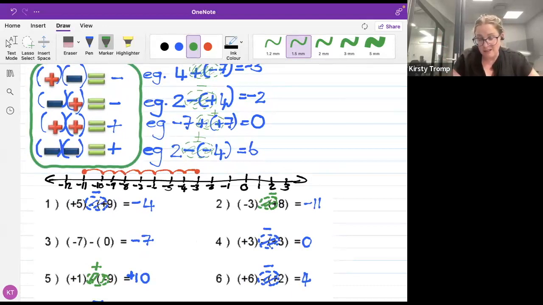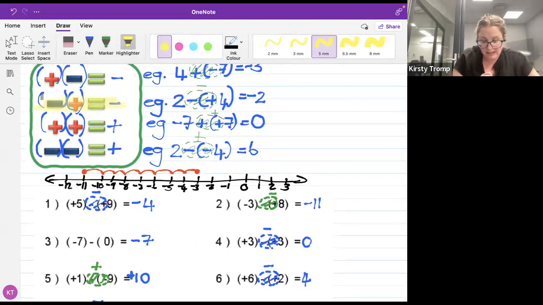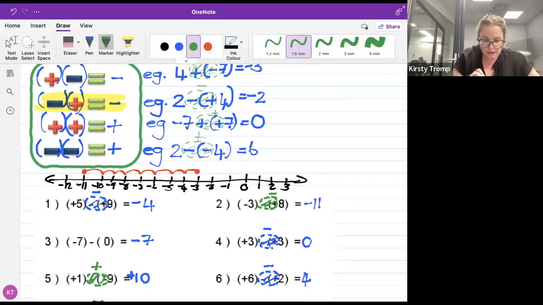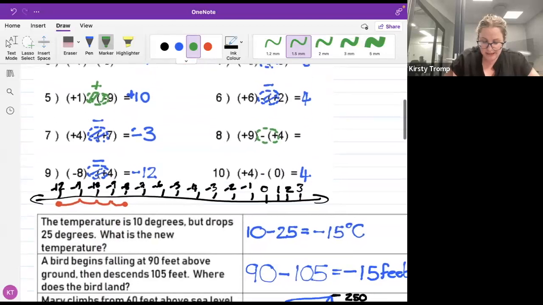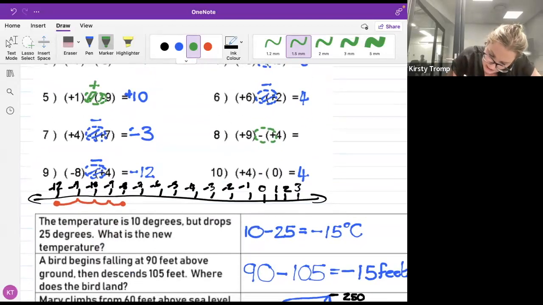A negative sign and a positive sign next to each other, they're going to become a negative, hey? Here it is over here. You see it there? Yes, ma'am. Okay, so I go down here. I'm not going to see these two signs anymore because that's not maths. It doesn't make sense if there's two signs. I only want to see one sign. So it's going to become a minus. So 9 minus 4 is going to give me 5. Does it make sense? Yes, ma'am. Okay, good. I'm glad.